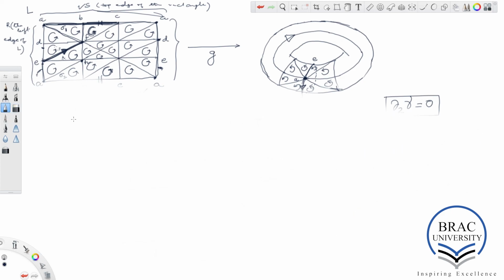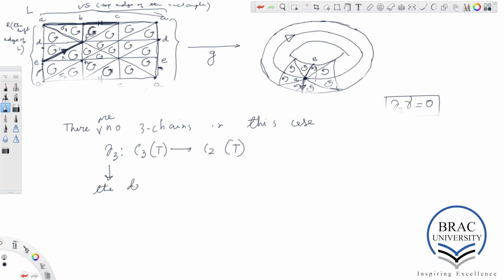Now there are no 3 chains in this case, and hence the domain of the map is trivial. The domain of this map is trivial. This guy is trivial.